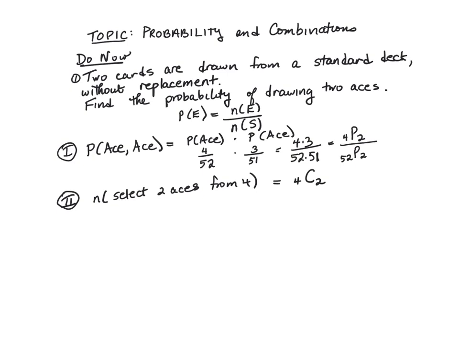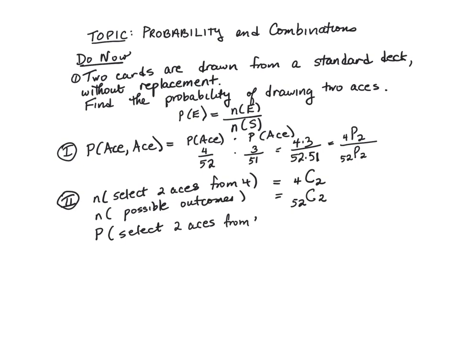And the total number of possible outcomes would be the number of ways we could select any 2 cards from 52. So the probability that we select 2 aces from 4 can be 4C2 divided by 52C2.